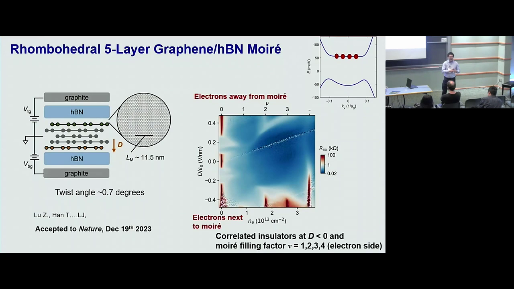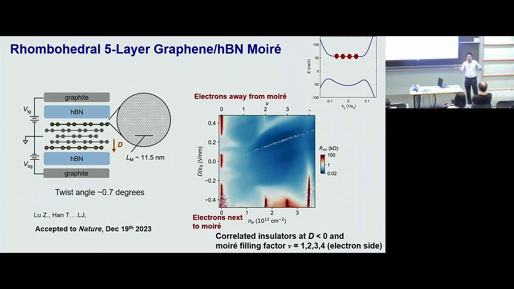The geometric resonance is the other. I think Liang Fu already has a paper talking about the commensurability between the moire and the Fermi wave vector of the composite Fermi liquid, the so-called Weiss oscillation, if you do transport. I don't think we have that now.